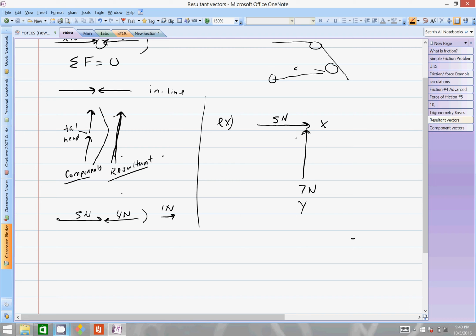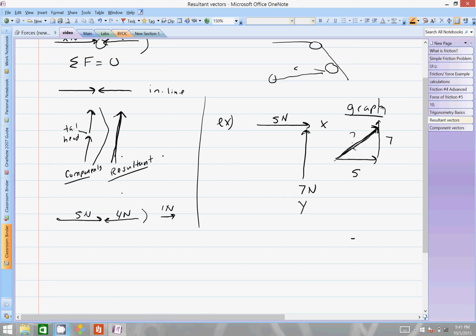If I want to add these two things together, there are two ways to do this. One is simply with a graph. If you had graph paper and drew the lines precisely to scale, 5 and 7, and then took the tail of one to the head of the other, this line right here would give you the length, proportional to the actual resultant vector's magnitude.